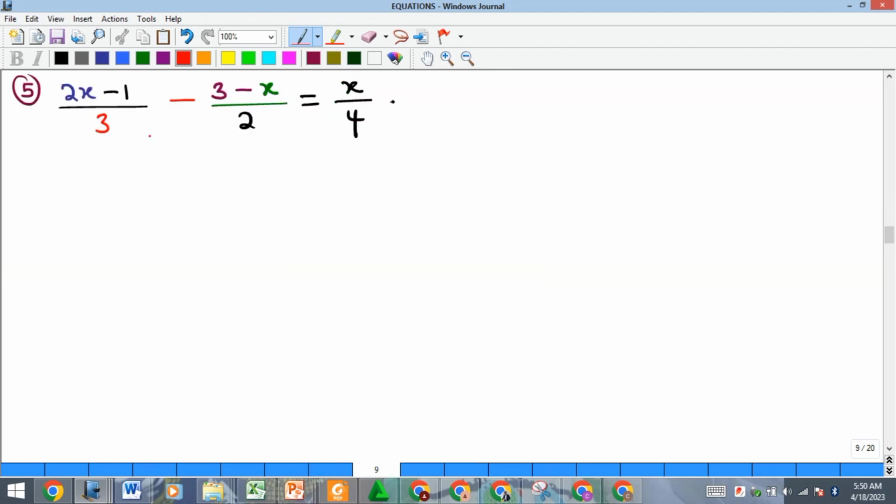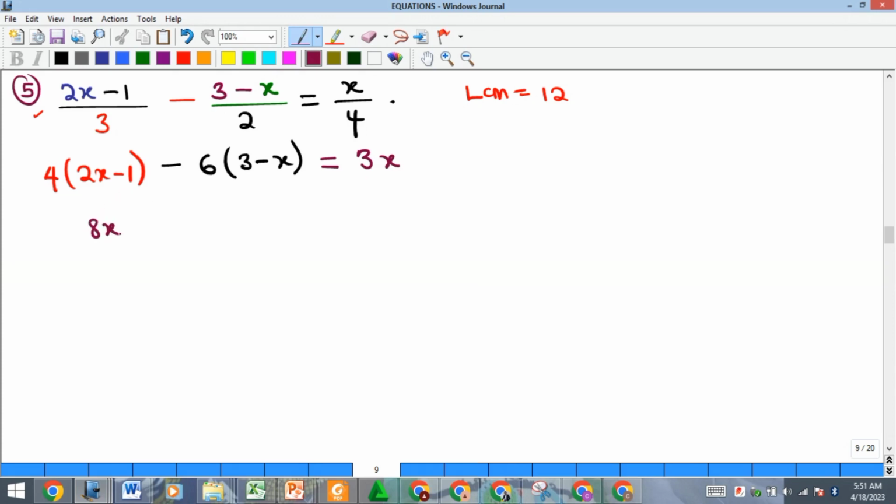Okay, so now the last example we have here, the LCM in this case is what? It is 12. And when we use it to multiply the first term, 3 will cancel 12, 4 will be left. So if we open up our brackets, which is the next step, we'll have 8x minus 4. All right, so we collect like terms. Let all x come to the left. So we have 8x. There is plus 6 on the left also.